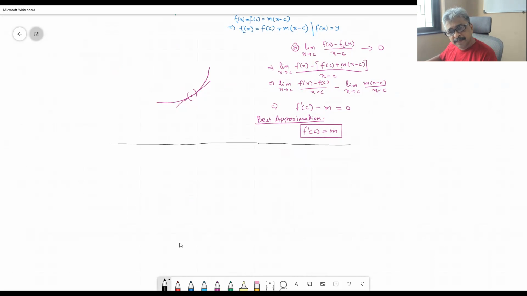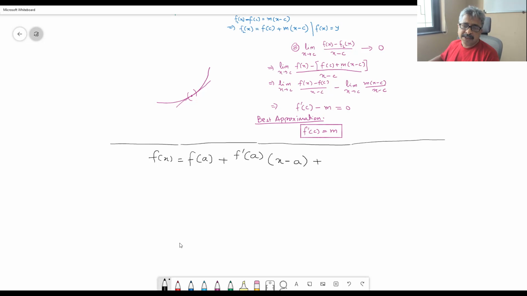Taylor series says f of x is equal to f of a, any base point a, plus f dash evaluated at a upon 1 factorial into x minus a, plus f second derivative evaluated at a upon 2 factorial into (x minus a) whole square, and so on. This is our standard Taylor's expansion.